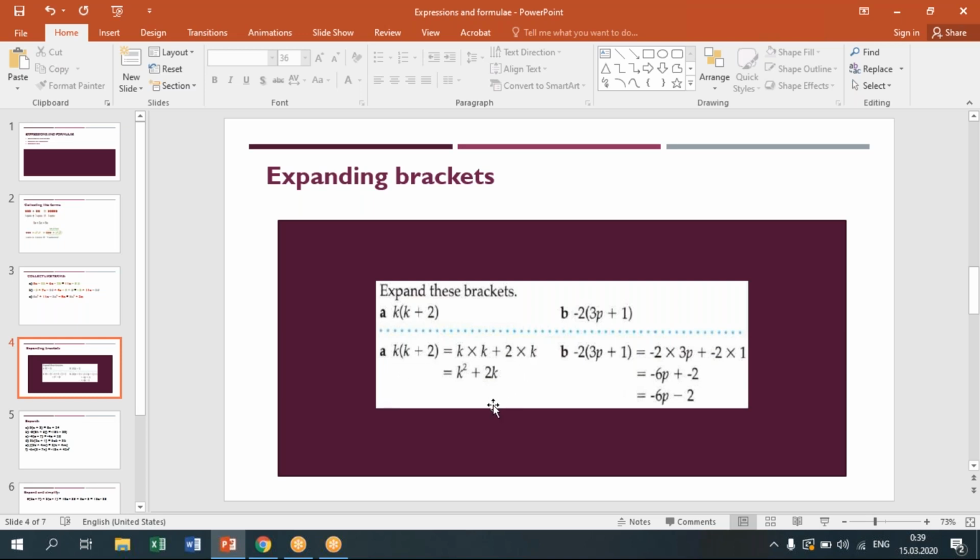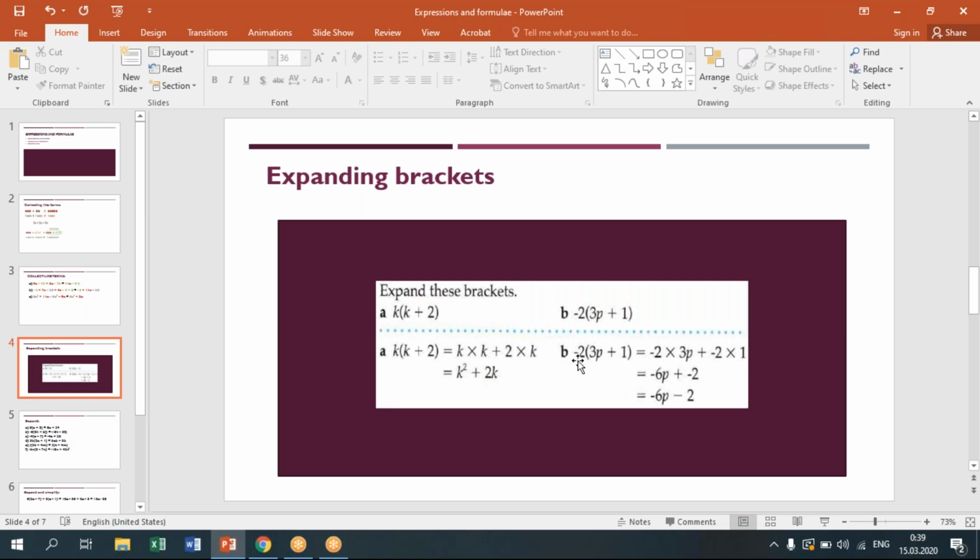So k multiplied by k, we know that if we multiply the same elements or the same numbers, their powers should be added. So k multiplied by k will be k squared, and plus 2k, just 2k, because 2 multiplied by k will be 2k.